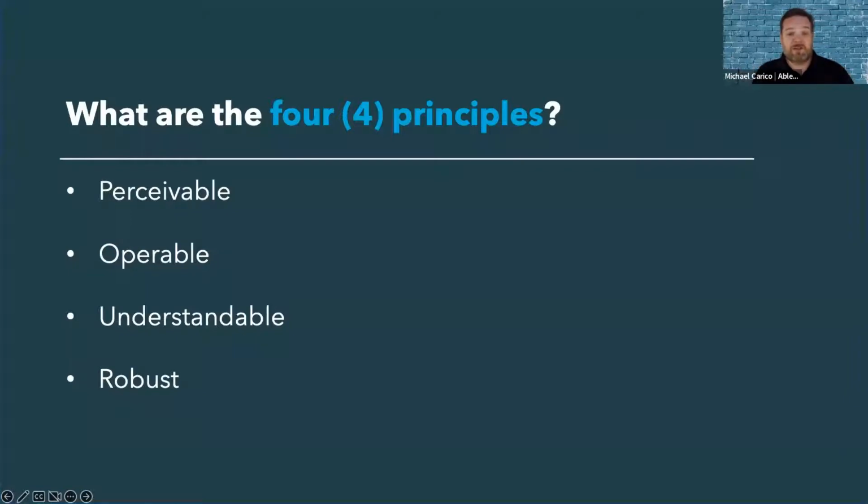So information, the user and user interface components, forms, buttons, those types of things have to be presentable to users in a way they can perceive. If they're using a screen reader, it has to be available to the screen reader. It can't not appear. If the person is blind, if the person is deaf, and there are some audio visual things, there has to be text that explains what's going on and transcripts and things of that nature.